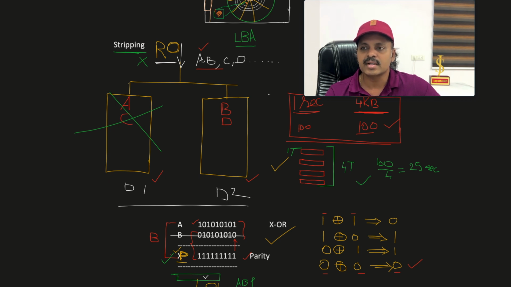If our RAID controller supports only this many, then that will be the maximum number. But the minimum recommendation is that you should use 2 disks, though it even allows you to create with 1 disk also. That is one more thing you should remember. If somebody asks in the interview or in a real scenario, you wanted to create a RAID 0, but right now you have only 1 disk.